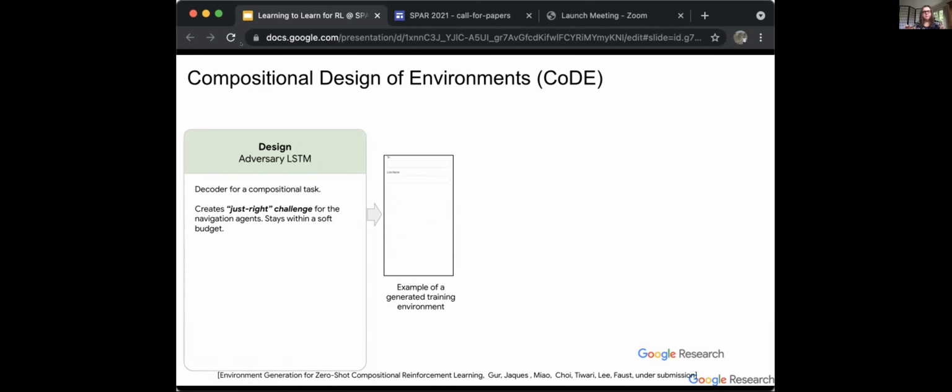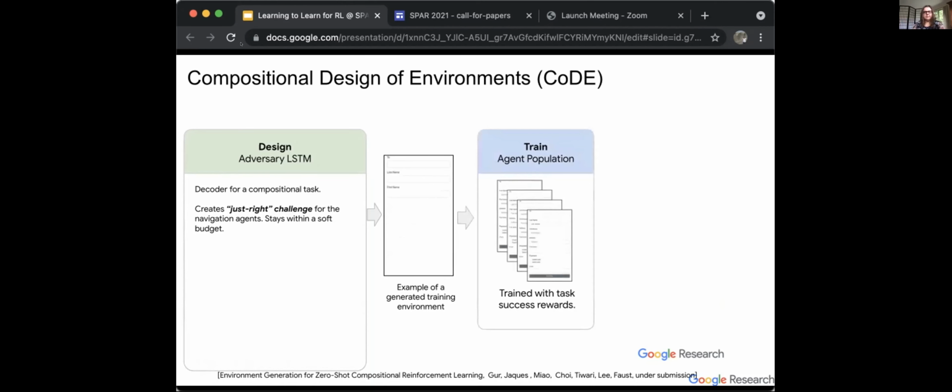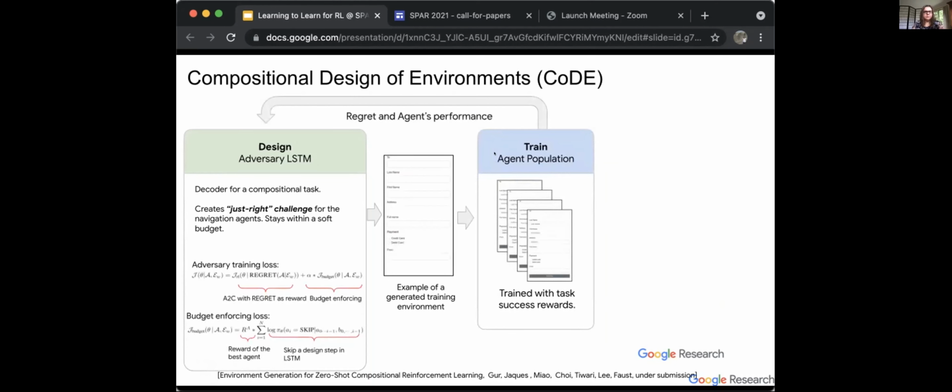Here, the designer proposes an environment and creates a generative, synthetic website. And the second one is then training. Once it trains, the designer observes; we're training it on a population of agents. The designer observes the regret and the agent performance and has two knobs to tune.